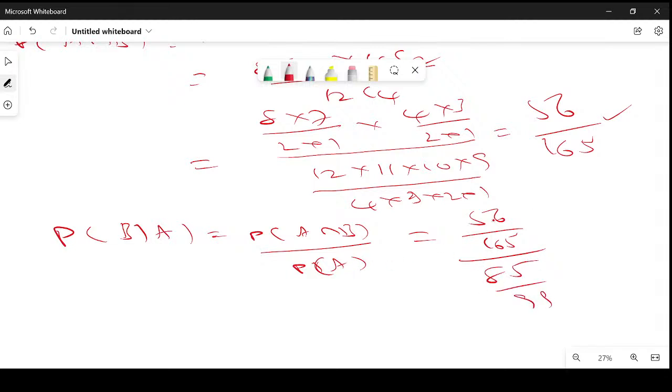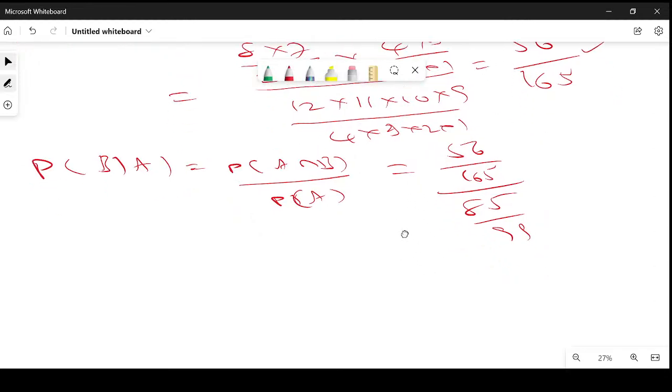Then I can simplify 56 by 165 into 99 by 85. Now we can simplify this. Suppose I can eliminate this. Correct. We simplify this here. What possible it comes now.